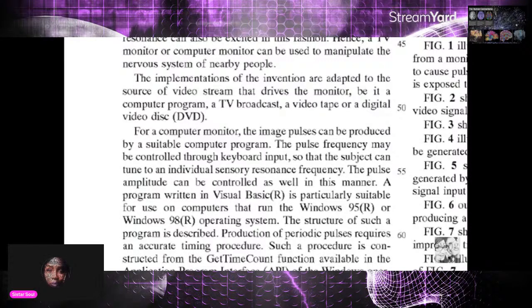The pulse frequency may be controlled through keyboard input so that the subject can tune to an individual sensory resonance frequency. The pulse amplitude can be controlled as well in this manner.